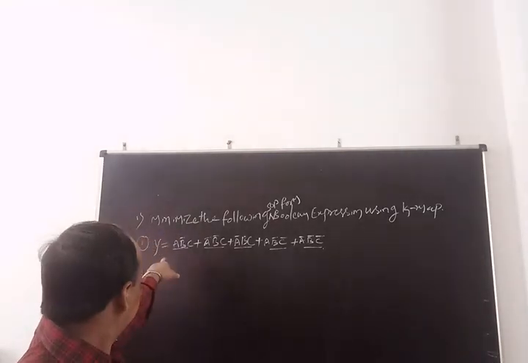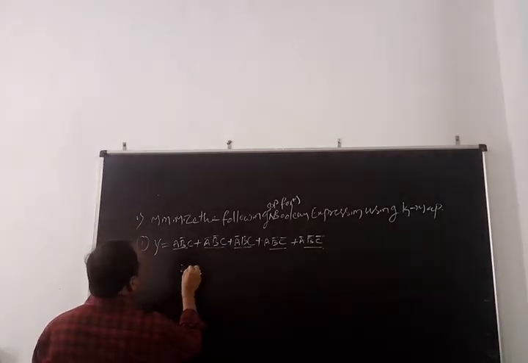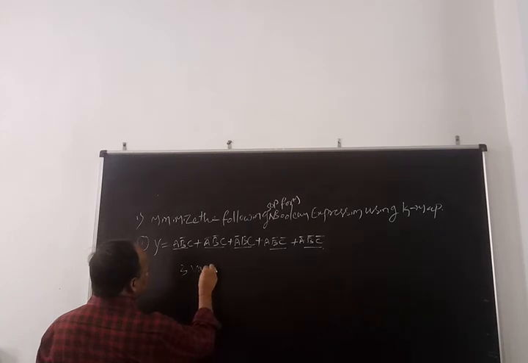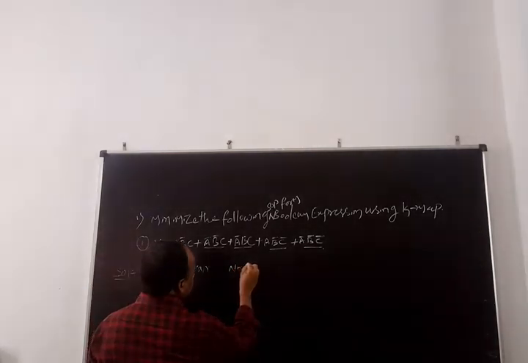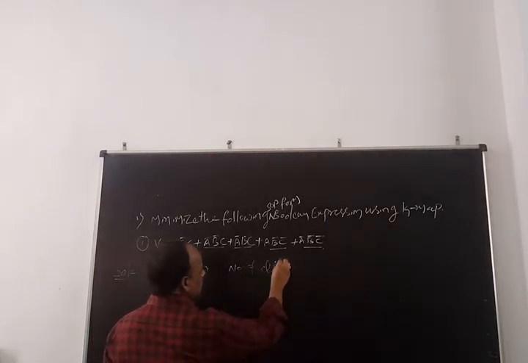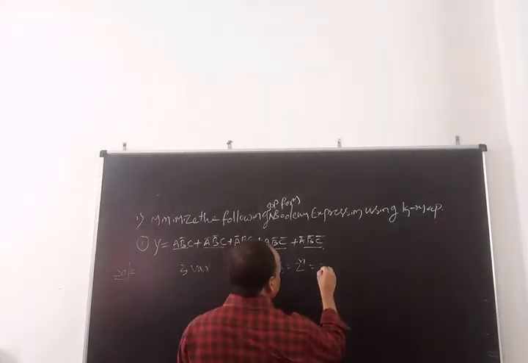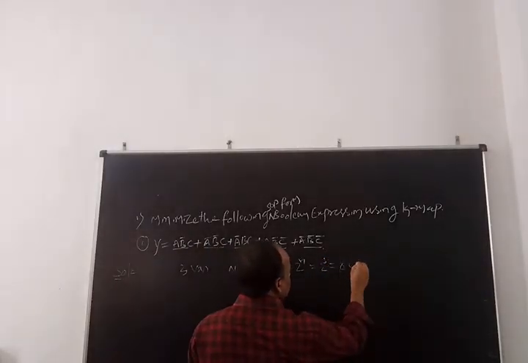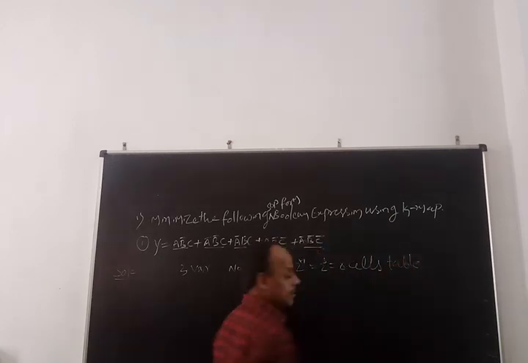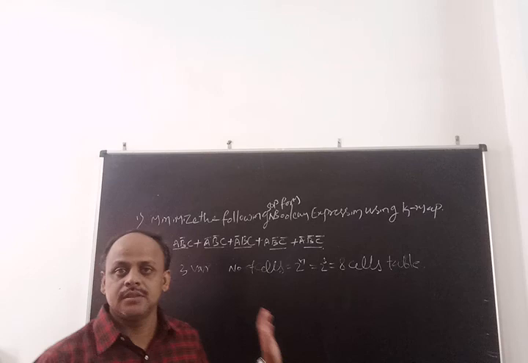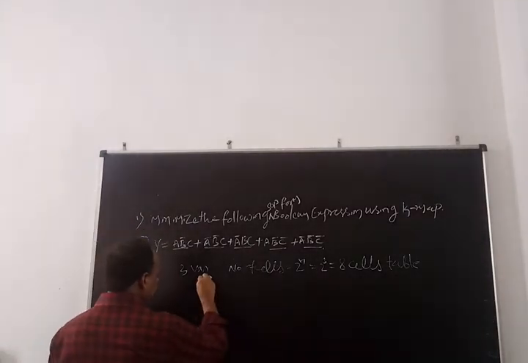See here, this expression contains three variables. Therefore, the number of cells is equal to 2 power n, where n is the number of variables. Then 2 power 3 is equal to 8 cells. An 8 cells table must be drawn.